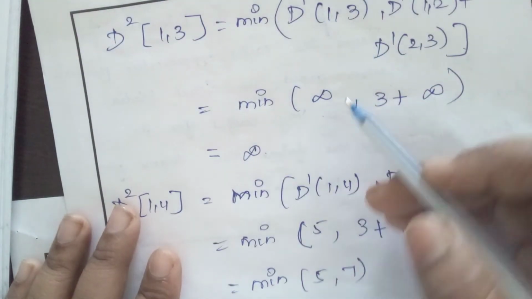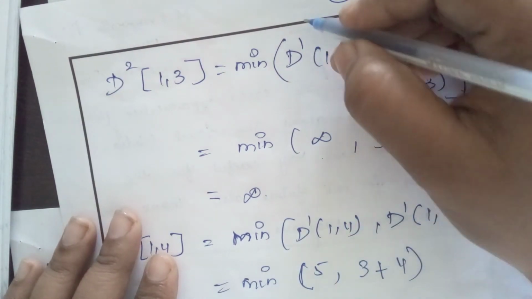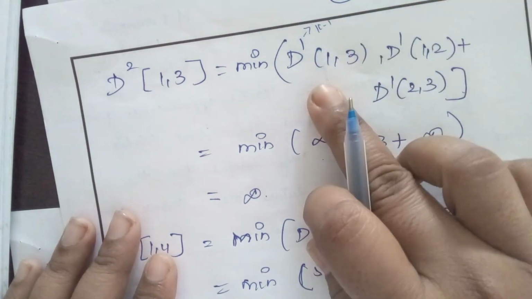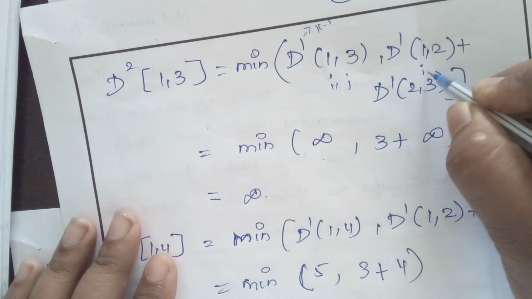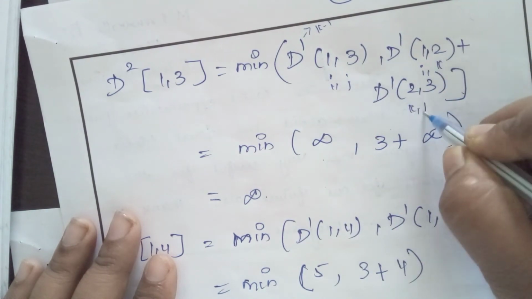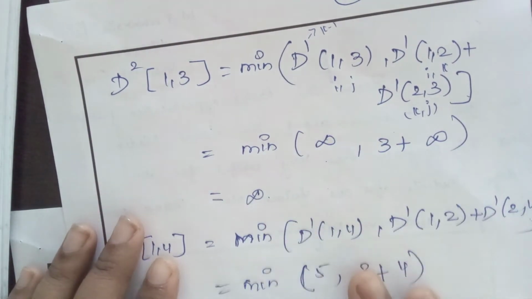Like that I have to find all the values based on this formula. The minimum of D^(k-1)(i,j) and D^(k-1)(i,k) plus D^(k-1)(k,j), where here 1 means k minus 1. That's the thing here. You have to find the minimum values.